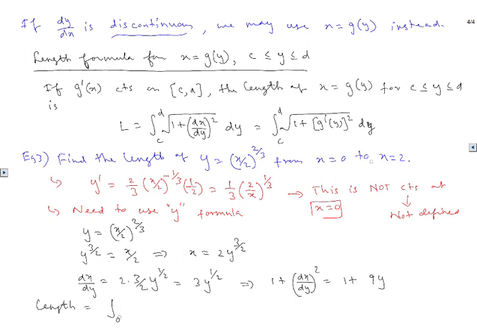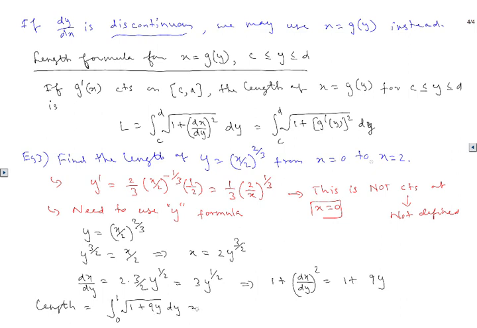When x equals 2, you get y equal to 1, not 4. And so the integral is the square root of 1 plus 9y dy.